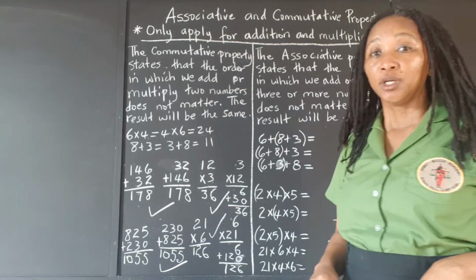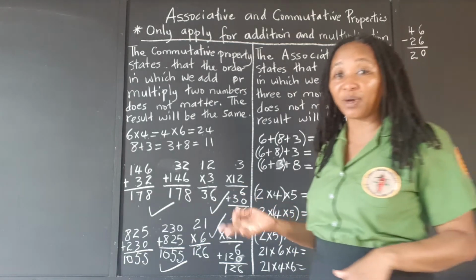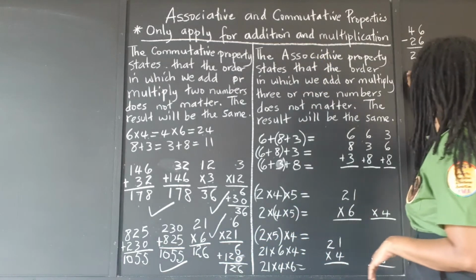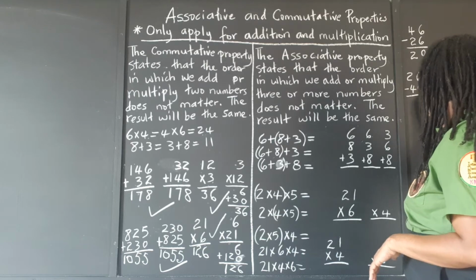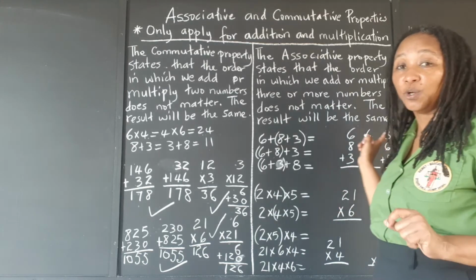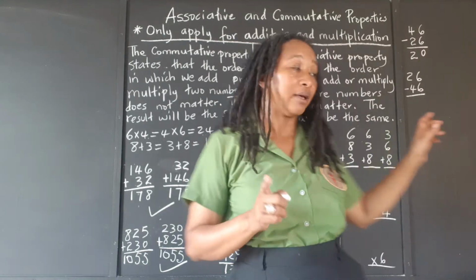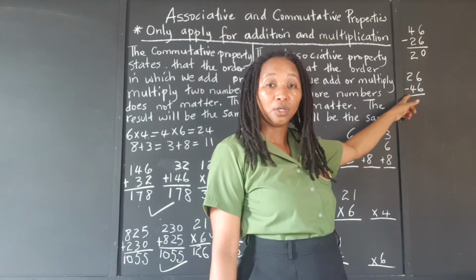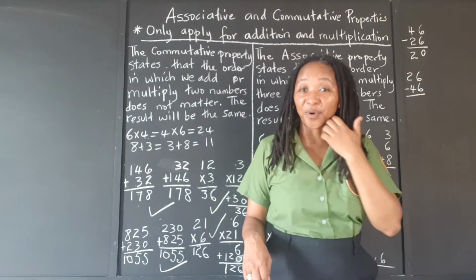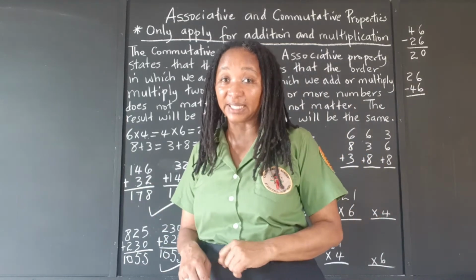Right? Suppose we had 26 take away 46. Immediately you look and you see that the bigger number would be at the bottom. So we are unable to do that operation at this level at least.